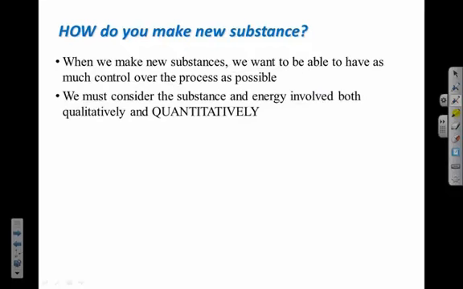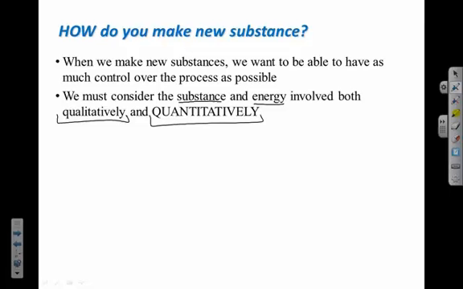So when I'm working with solutions and I want to be able to create a new substance, I also want to be able to consider both the substances and the energy that's involved, which we'll do a little bit later in the semester. But I want to be able to do that qualitatively and quantitatively. I want to know, what substances do I have?